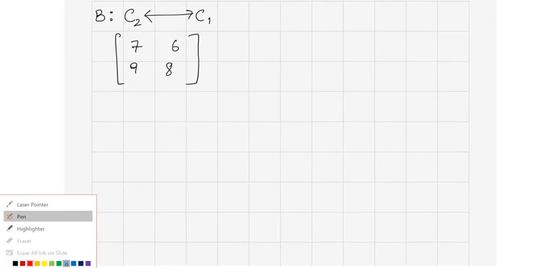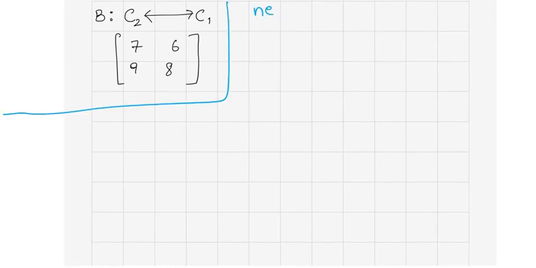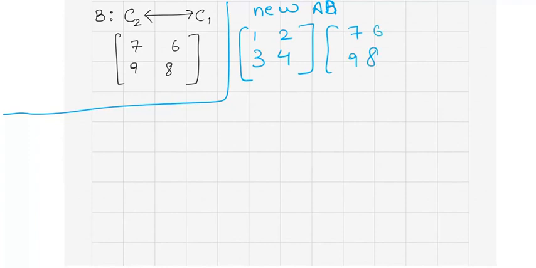And it changes the product AB to 1, 2, 3, 4 times 7, 6, 9, 8, which is 25, 22, 57, 50.